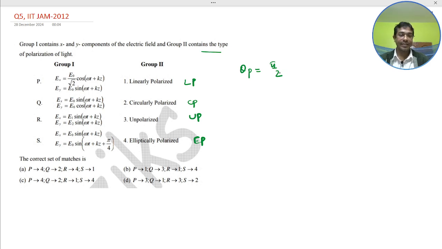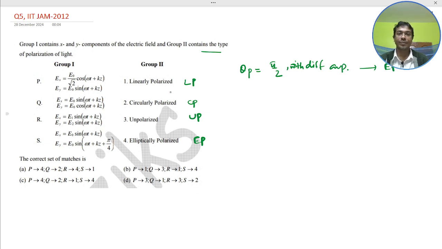This is an important and conceptual question, I think. So pi by 2 angle with different amplitude means it would become the elliptical polarized.